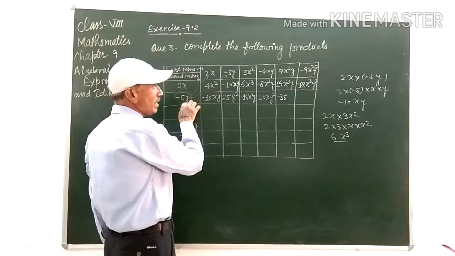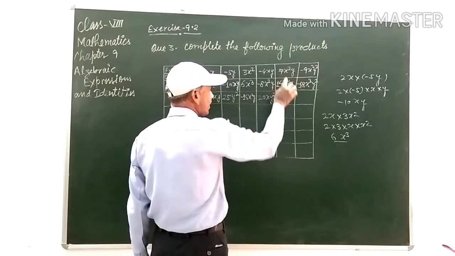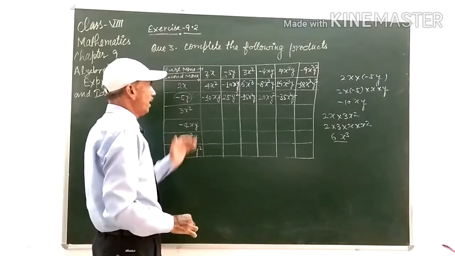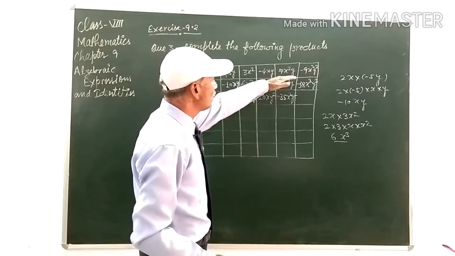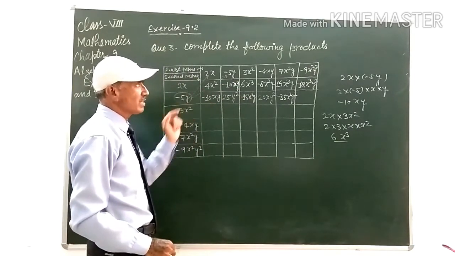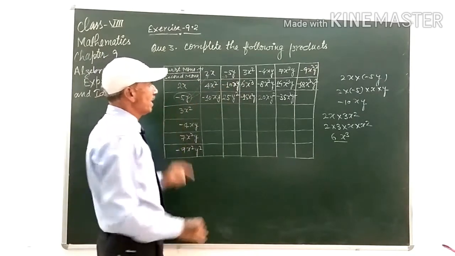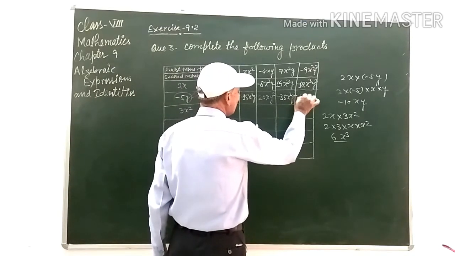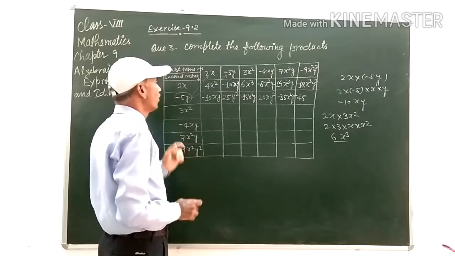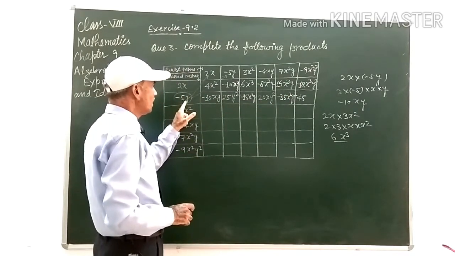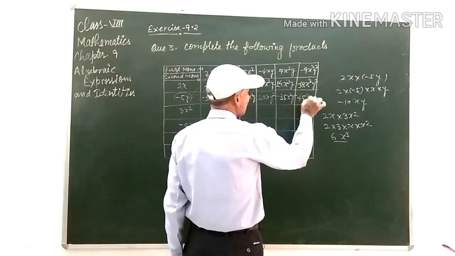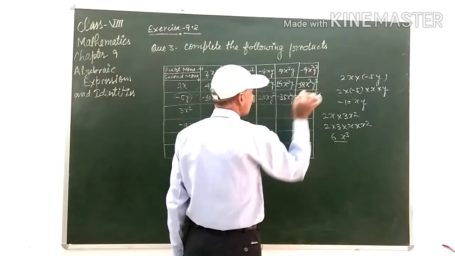This one y square and x square, this one x square y square, and minus 5 into minus 9, minus minus make plus, 9 5s are 45. Okay, students? Because both are negative, it will make positive after multiplying. This one y into y cube and x square, this one x square y cube.